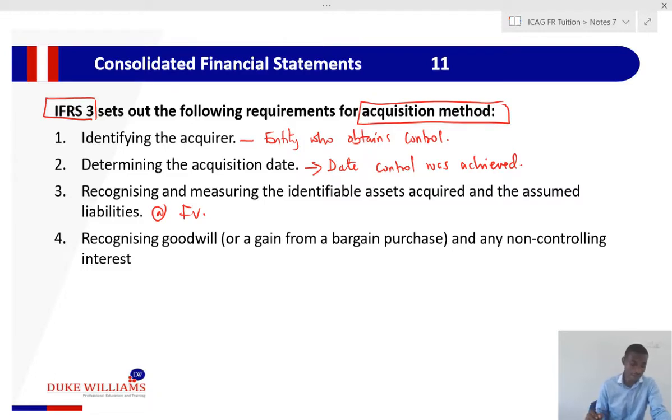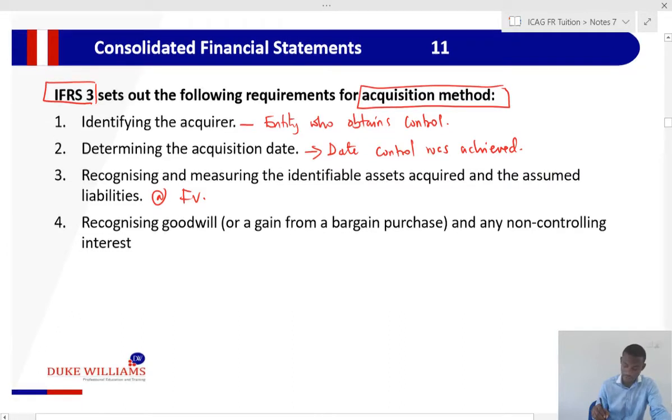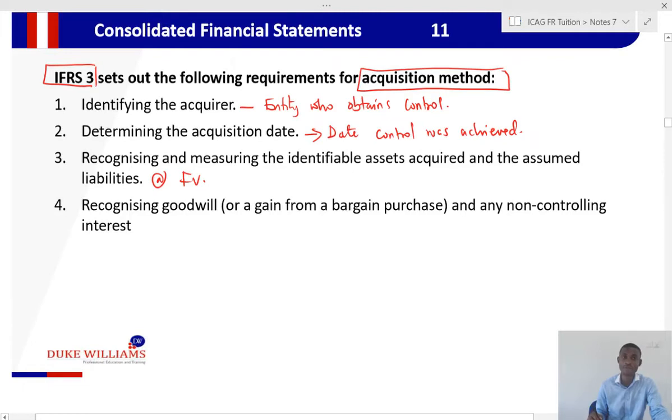Then step 4 is that we have to recognize goodwill, and where there is any non-controlling interest, we have to determine their value. Often when we say goodwill, we are saying how much consideration was paid to buy. So, consideration paid.